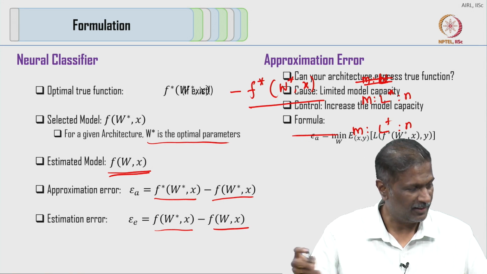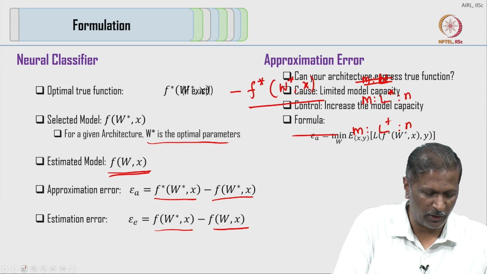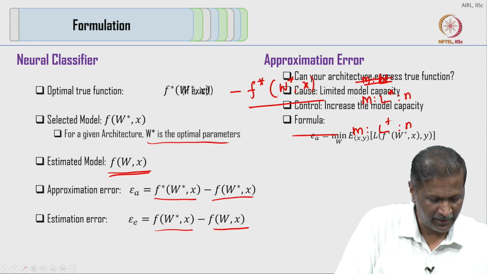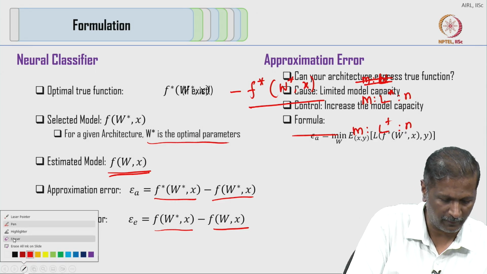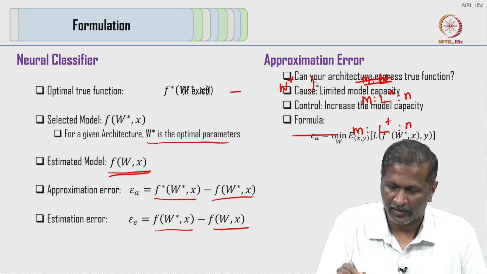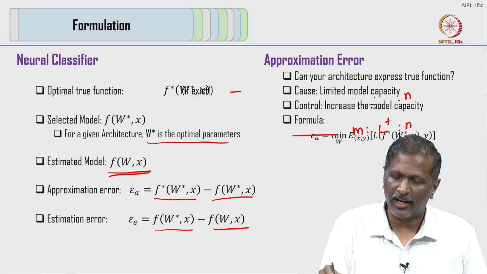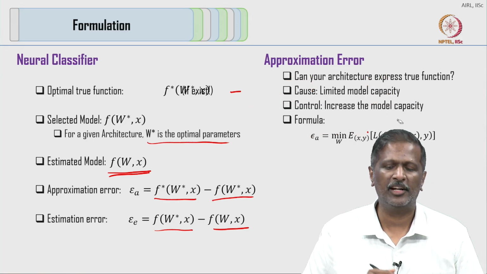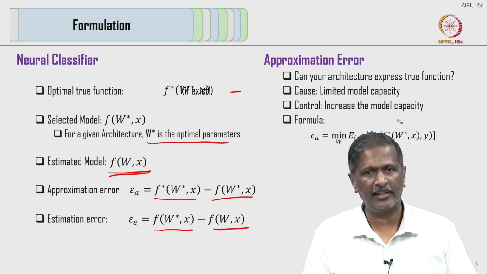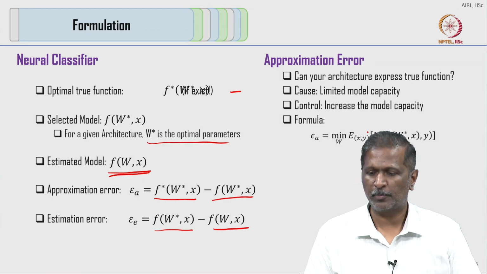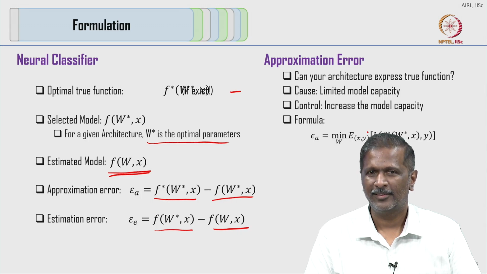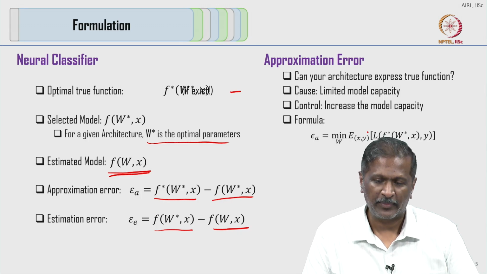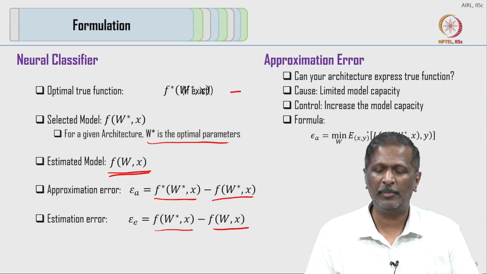Approximation error is basically what we are talking about here, right? If you are looking at approximation error, what does it really mean? Can the architecture express the true function well? What are the causes? The model capacity may be low.